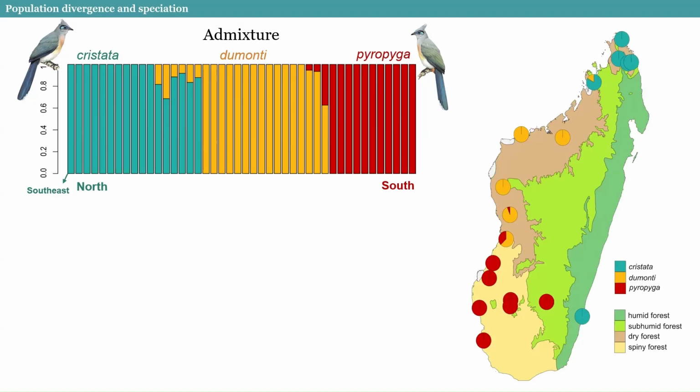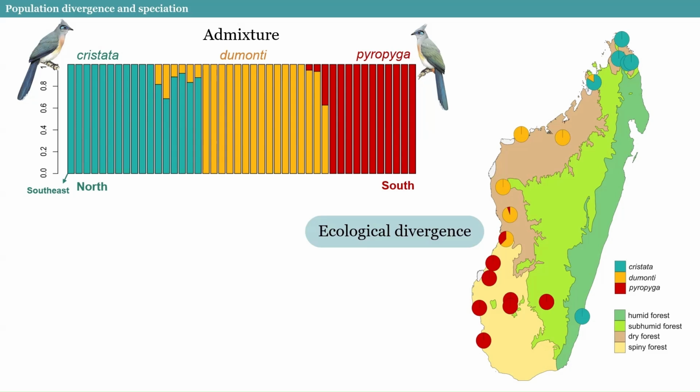So if we look at that on a map, each of the pie charts is showing those admixture proportions by each locality. And I'll highlight that in the West, where that more phenotypically different Pyropyga subspecies comes into contact with Diamanti, the other Western one, this boundary really is right where we see these 2 biomes coming into contact, the spiny forest and this dry deciduous forest.